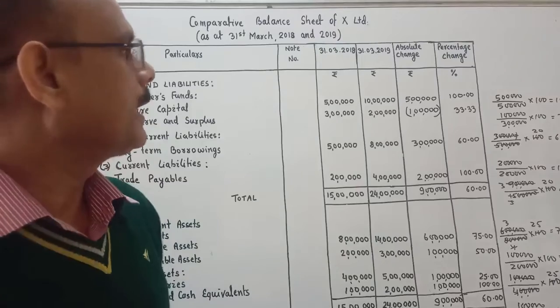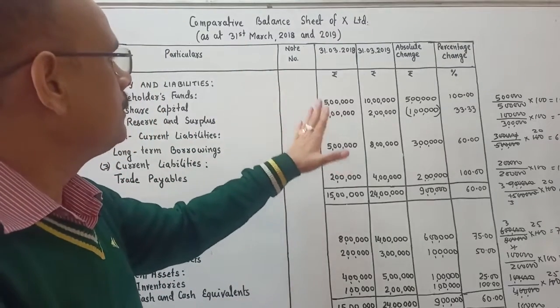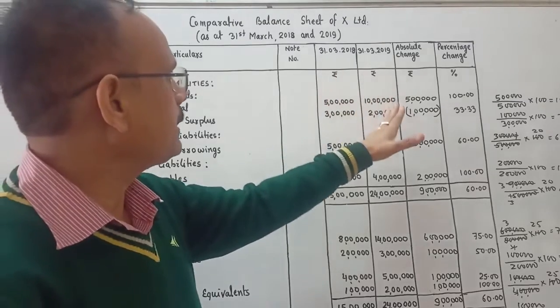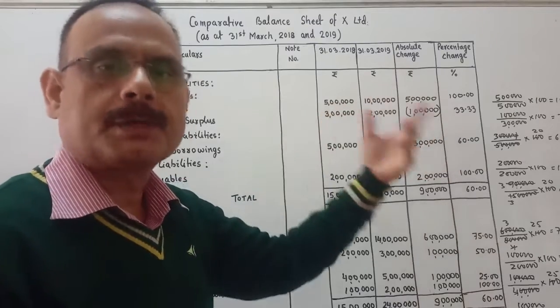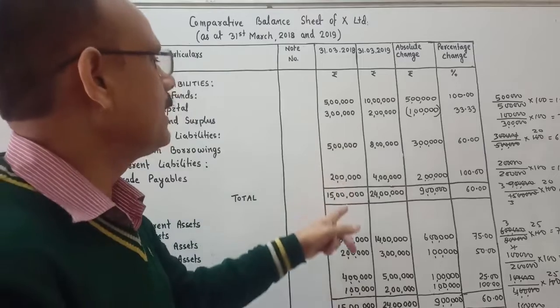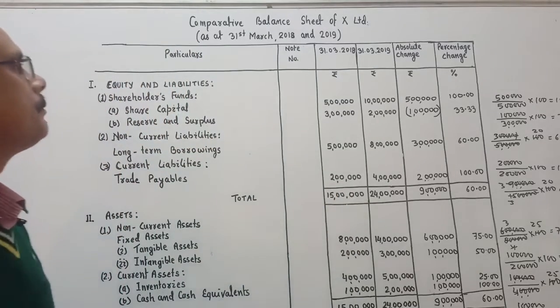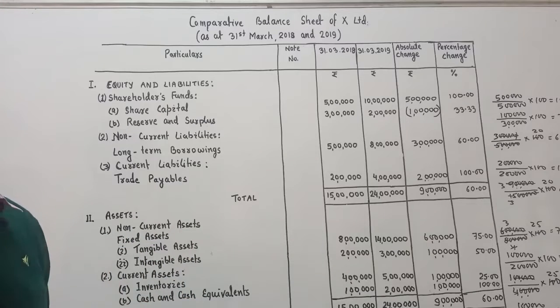60%. Okay. So in comparative balance sheet, we try to see as compared to previous year, in the current year, it is increased by how much amount and at what percentage. What is the percentage change? So we calculate it accordingly. So this is very simple to find out, prepare the comparative balance sheet or comparative income statement.